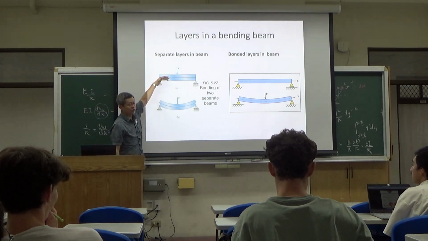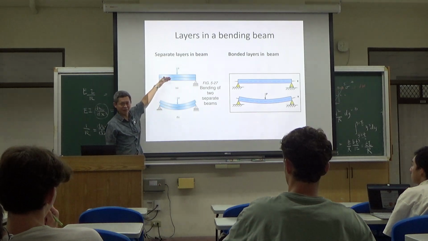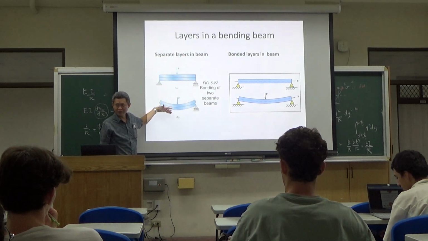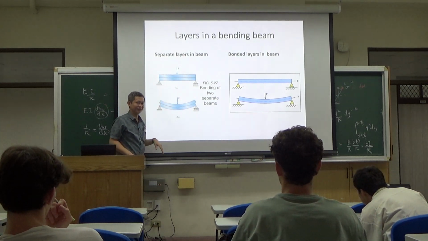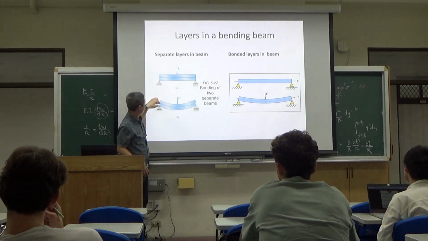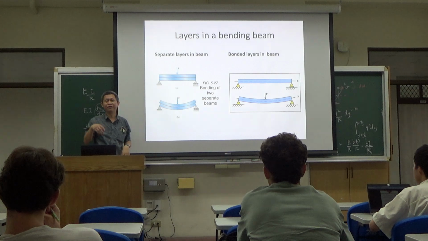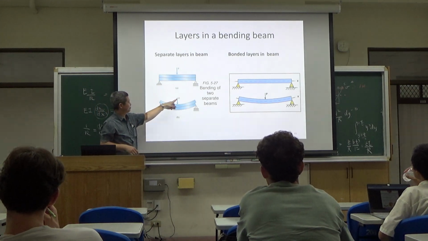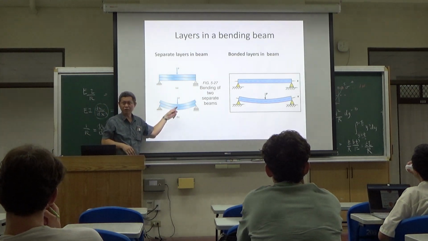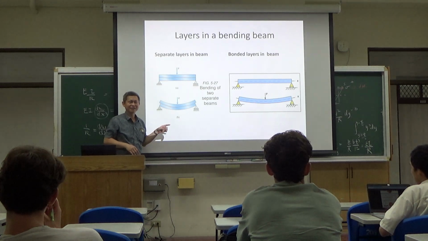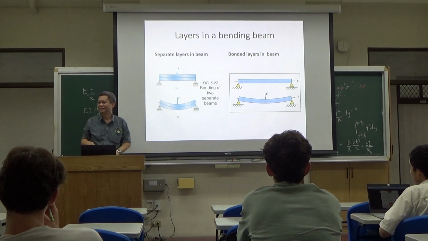These are two-layer beams bonded together, and these are two layers not bonded. If they have the same height or same cross-sectional area, what's the stiffness difference when they are subjected to the same central loading?